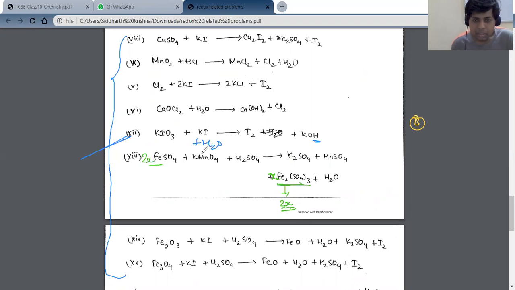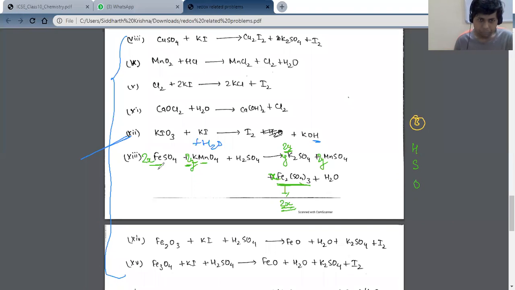Similarly, you can take this one as y, so this will make potassium equal to 2y this side, and the only source of potassium is this one, so this will be 2y. Now as soon as this becomes 2y, the Mn becomes 2y on this side, so this will also have 2y. Is it clear to you? Yes, sir. Now what all things are left unbalanced? We have hydrogen, we have sulfur, and we have oxygen.